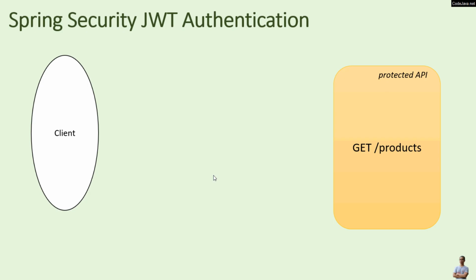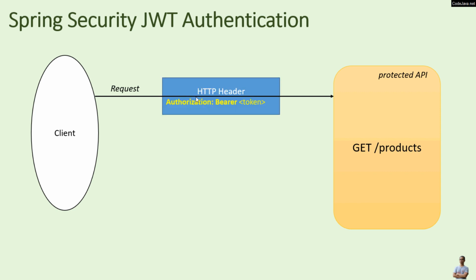Next, you will learn how to implement JWT authentication for the protected APIs, the product APIs, in our project. In order to invoke the protected APIs, the client must send a request that includes the HTTP header Authorization Bearer, and provide a JSON web token in the bearer.